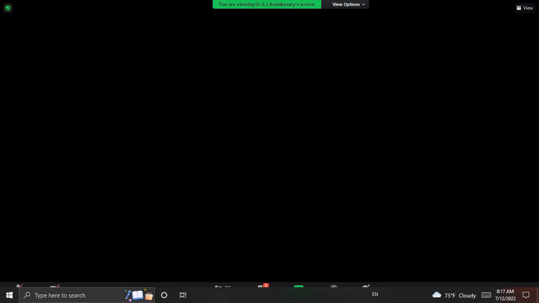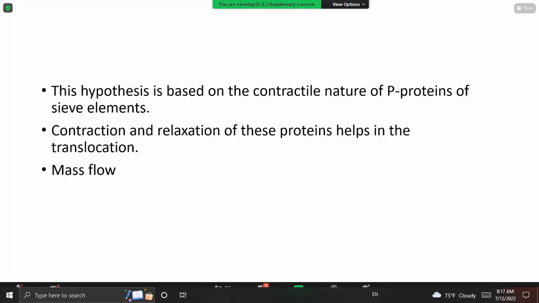Okay. There are three theories that explain this transport. One is the hypothesis based on the contractile nature of P proteins of sieve elements. Contraction and relaxation of these proteins helps in the translocation in mass flow.